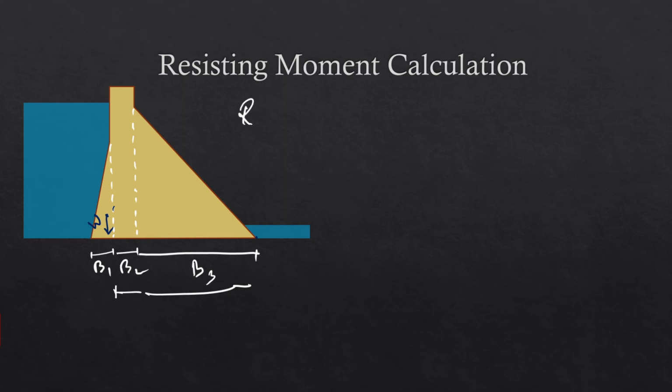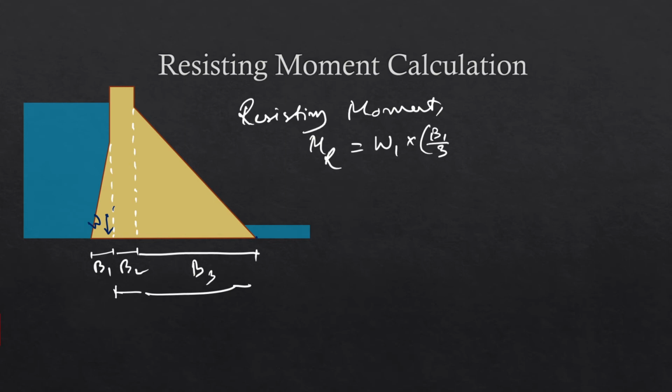So the resisting moment, MR, let's call it, will be the sum of the moments of all the resisting forces. So the first one is W1 multiplied by the distance, which will be B1 by 3 plus B2 plus B3.